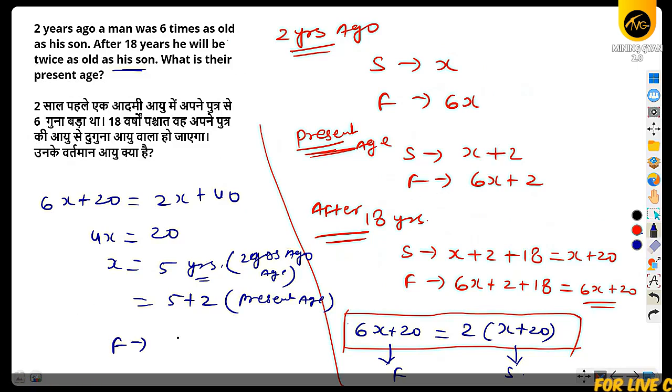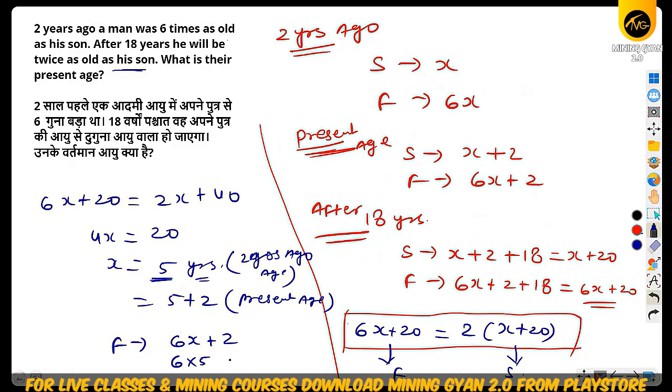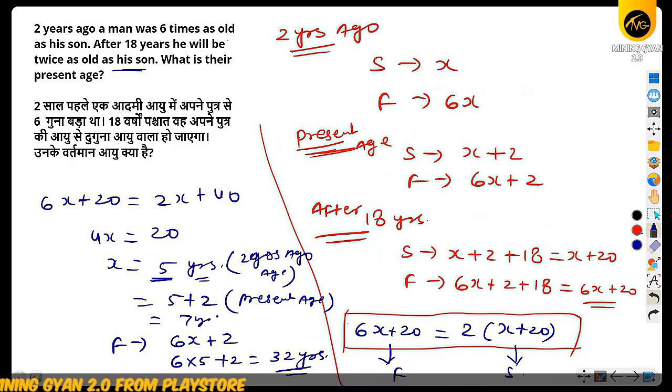Father's present age will be 6x plus 2, and it will be 6 into 5 plus 2. So 30 plus 2, that means 32 years. So answer is 7 years and 32 years.